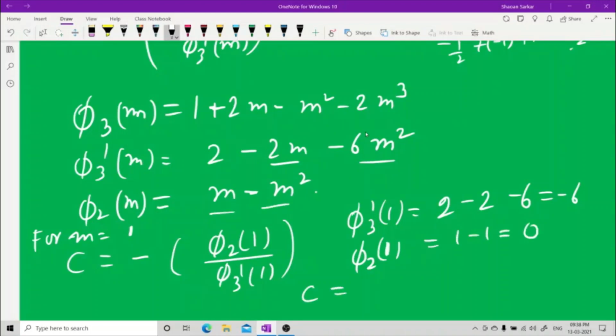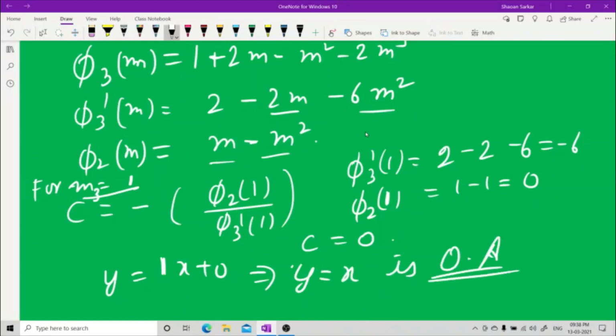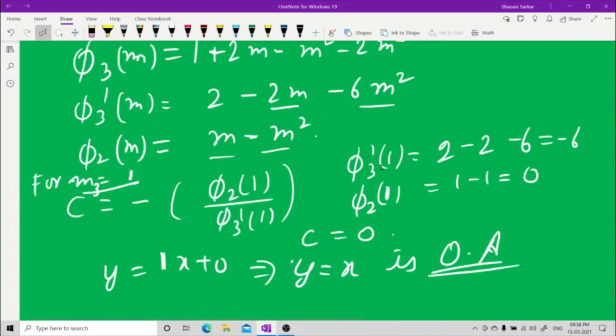So C comes out to be 0. Then for m equal to 1, y equal to 1 x plus 0, this is nothing but y equal to x, the first oblique asymptote. You will write in full oblique asymptote. I've written in short OA, but you will write in full.